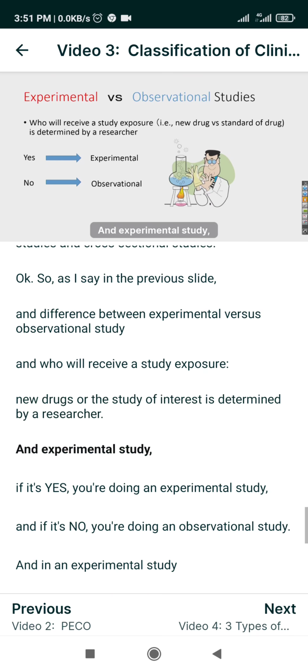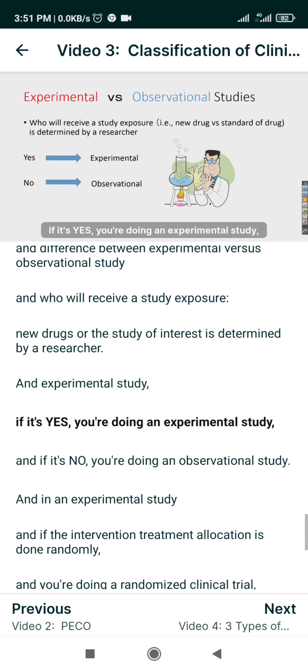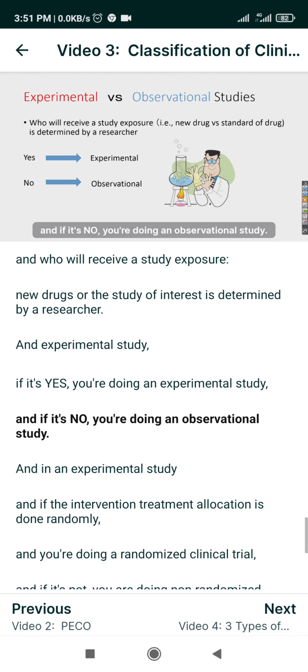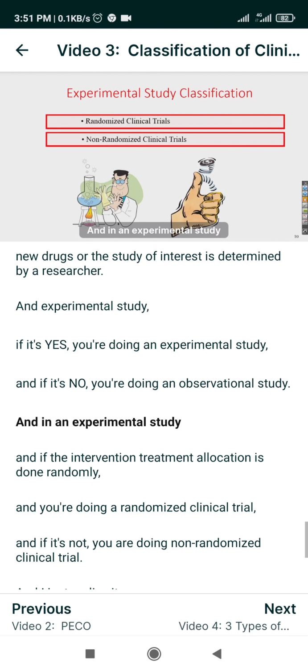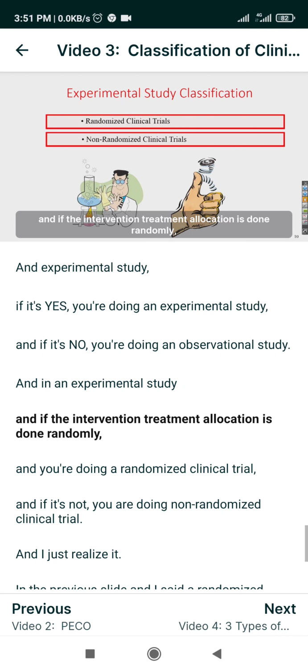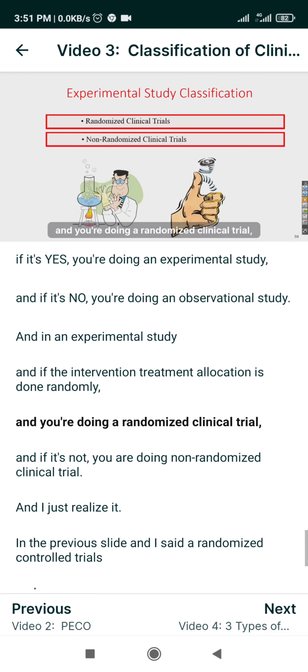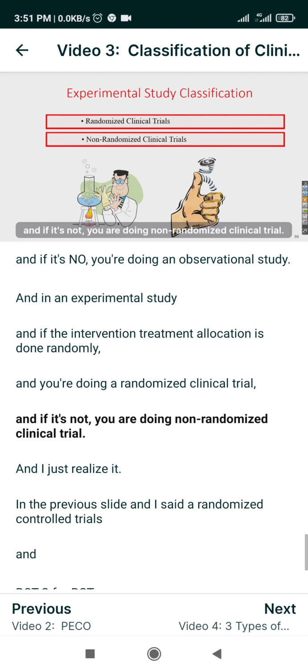If yes, you're doing an experimental study, and if no, you're doing an observational study. In the experimental study, if the intervention treatment allocation is done randomly, you're doing randomized clinical trials, and if not, you're doing non-randomized clinical trials.